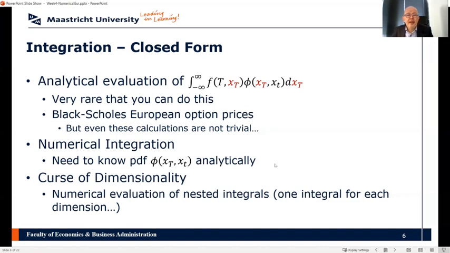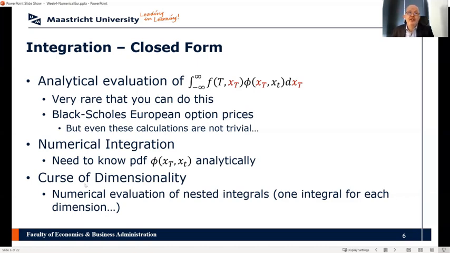This is a very powerful method, and it works very well if we have an explicit expression for the probability density function. And again, we don't have explicit expressions for all models. But if we have an explicit expression available, then numerical integration is a powerful and very accurate method of evaluating these expectations.